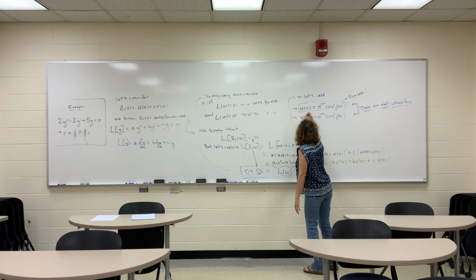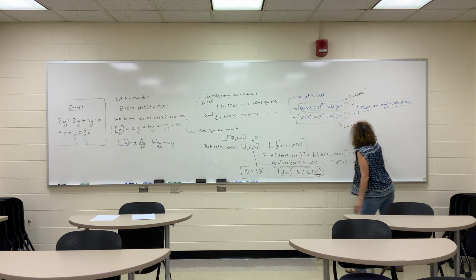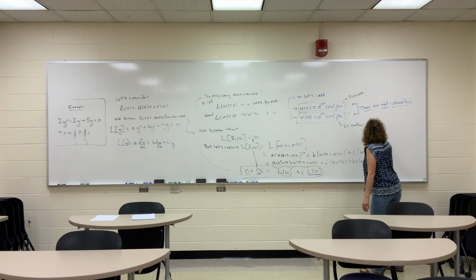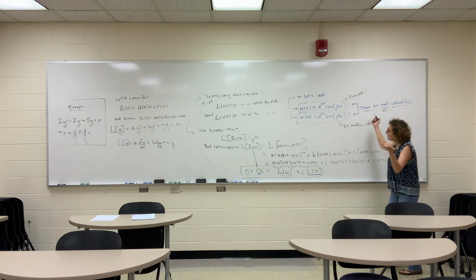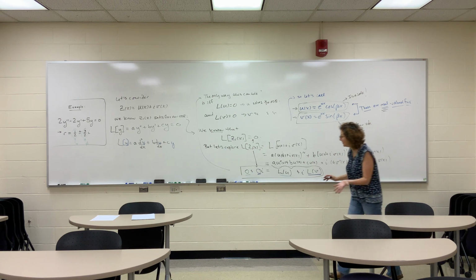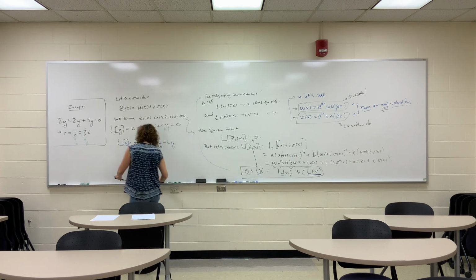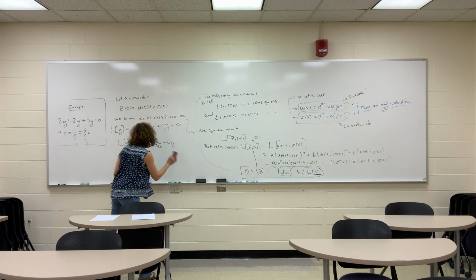So what does that mean? This real valued function is another solution. And they're real valued. So we have two real valued solutions to the differential equation. Oh, so exciting, right?